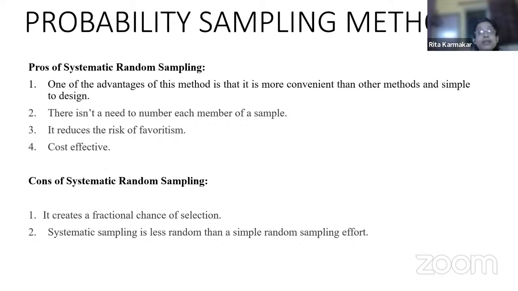It's not always the con of this, but there may be a chance. If the researcher is unbiased, then he will definitely use some random number generator while choosing the first element, and then so on and so forth based on the skip interval. So these are a few cons of this systematic random sampling. Is it clear?